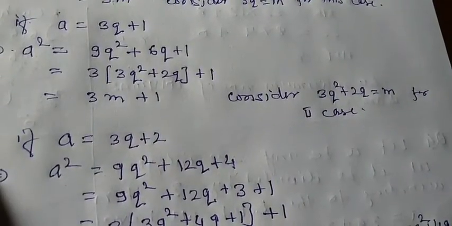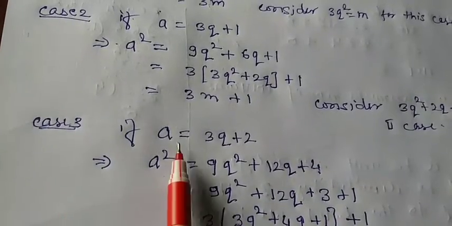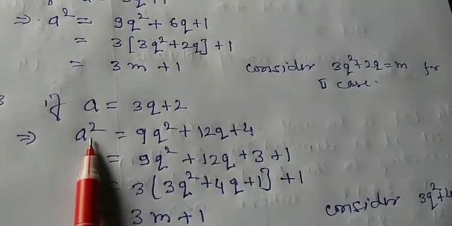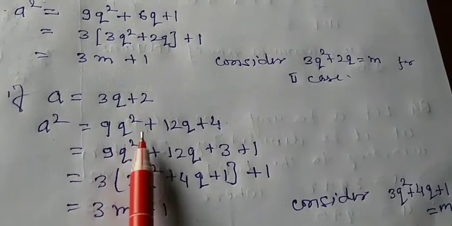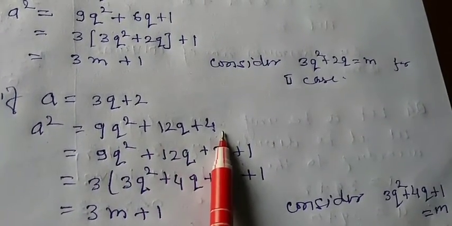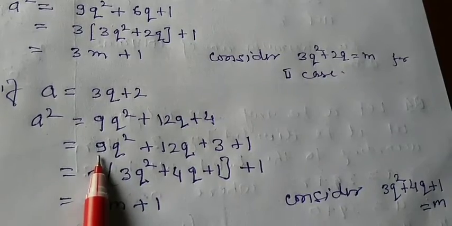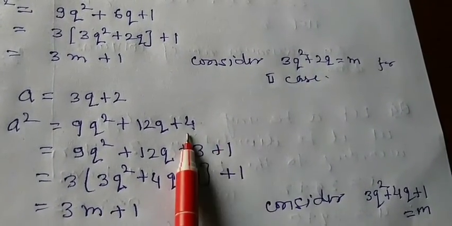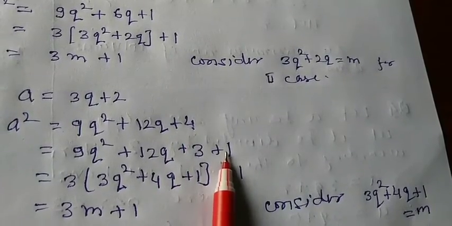Now in case number 3, a is equal to 3q plus 2, and squaring it we get 9q square plus 12q plus 4. Now again we write 9q square plus 12q plus 3 plus 1, splitting the 4 as 3 plus 1.